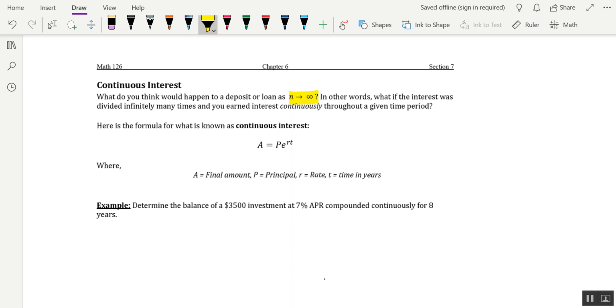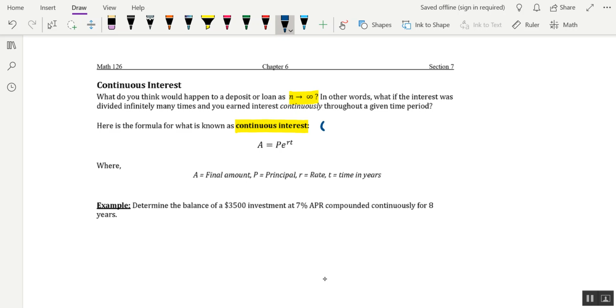So what happens if we allow n to go to infinity is we get a situation called continuous interest, in which case interest is being compounded at all moments of time, or in other words, continuously. And what it does to the formula for compound interest is that it morphs it a little bit.